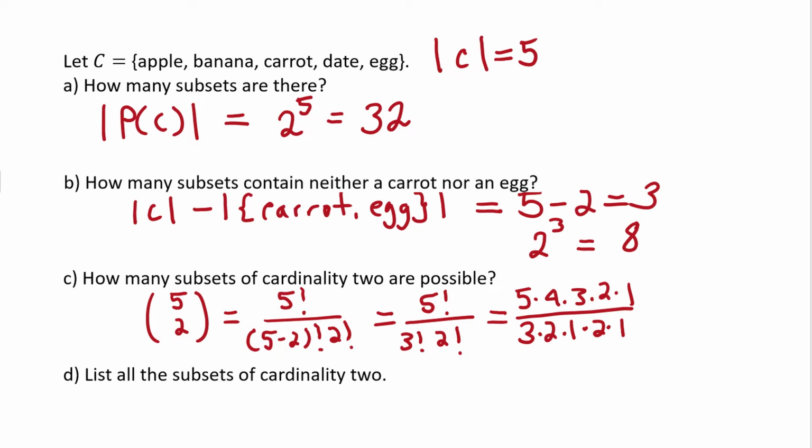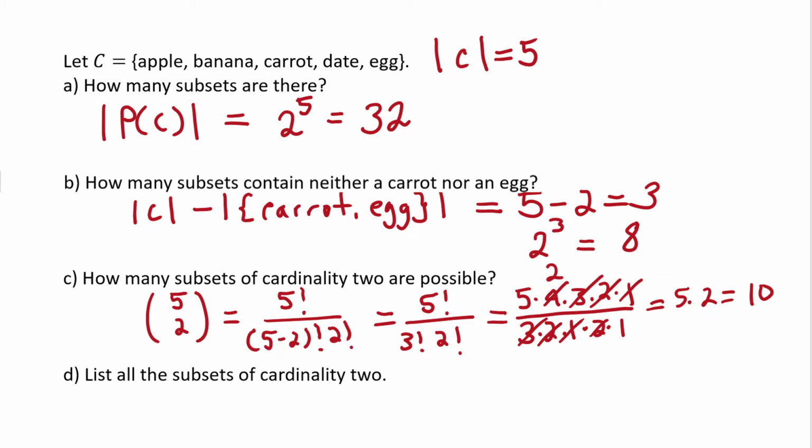Let's cancel the 3 2 1s and the 2. That reduces the 4 to 2, so 5 times 2, or 10 different subsets of cardinality 2 are possible.